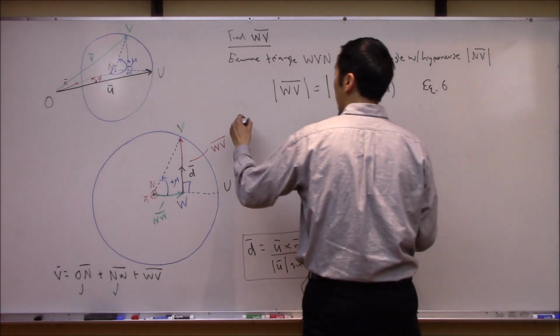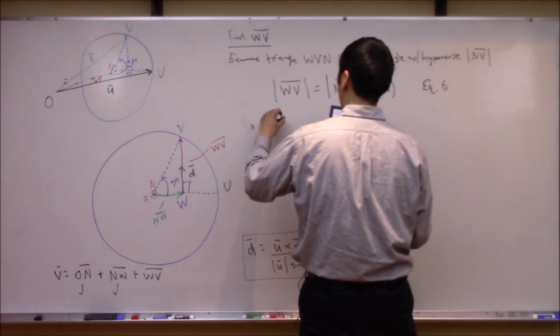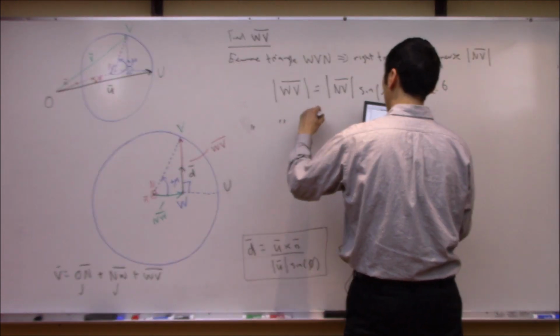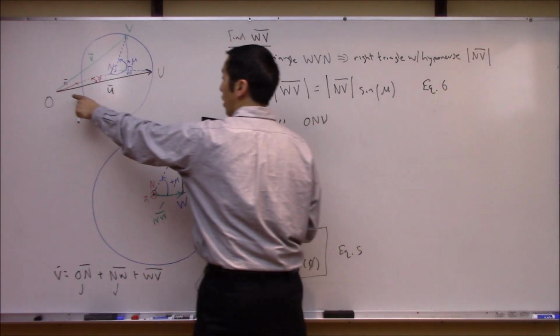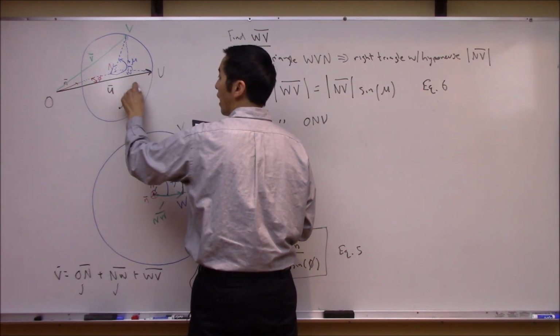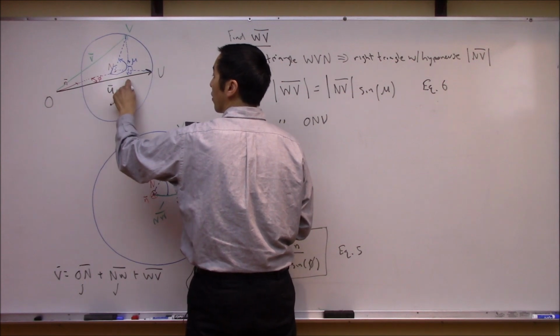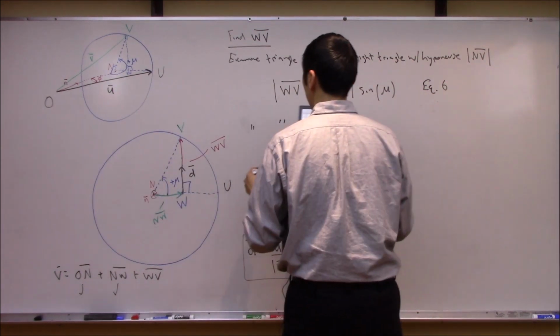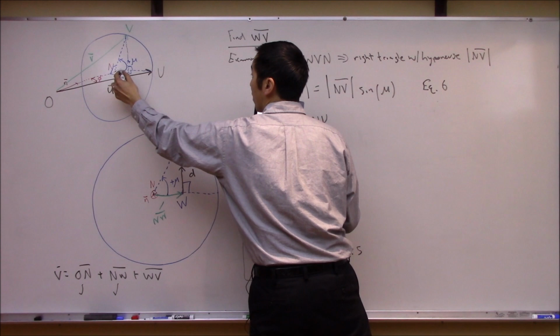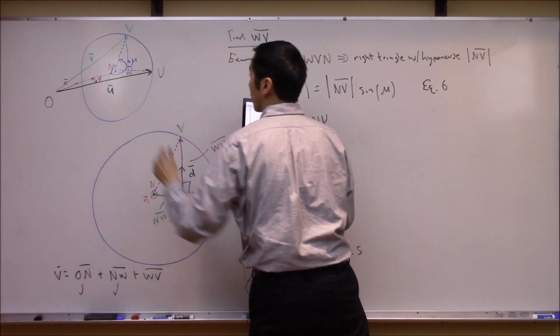Now let's examine another triangle. Do the same thing here. Examine triangle ONU. Let's look in this picture. ONU is another right triangle with hypotenuse magnitude of U. So I can find the length of one of the sides of this right triangle by relating it to phi.